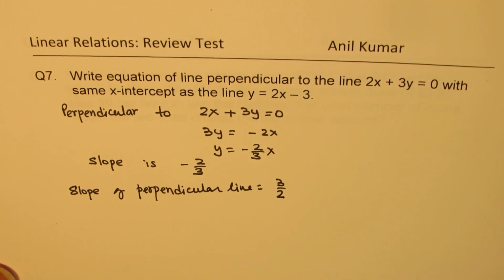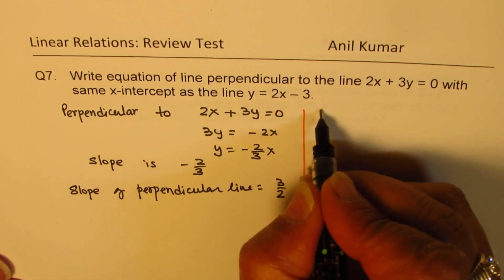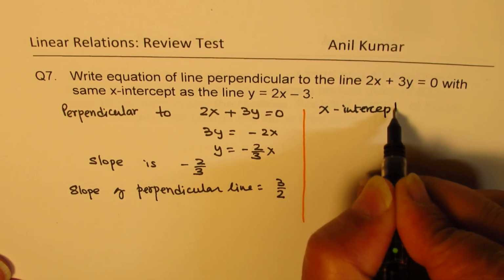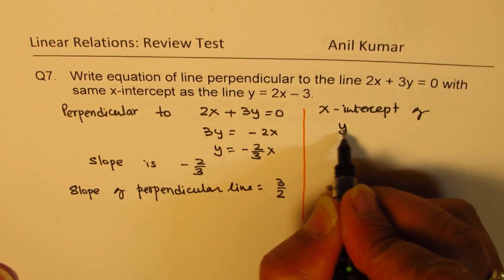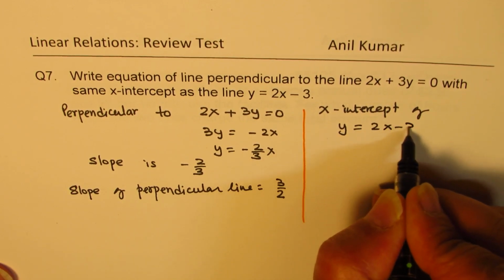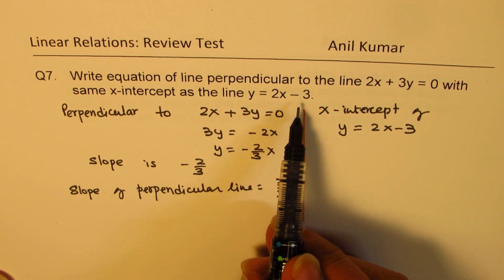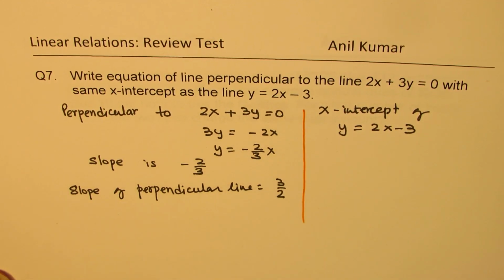So that is one thing. We have done part of it. We know the slope now. Now, let us find the x-intercept of y equals 2x minus 3. So that is tricky, right? Some of you might just take the value minus 3. That is the y-intercept, not the x-intercept.